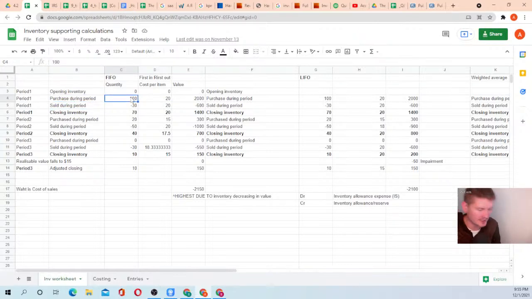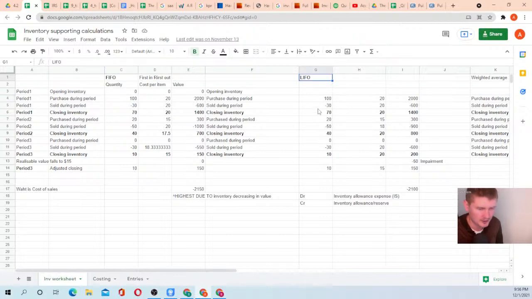Usually, because of the inflation, the ones which you acquired earlier are the least expensive ones. Most of the companies use the FIFO method, and FIFO is also allowed for IFRS, and LIFO is not allowed for IFRS, but US GAAP allows the LIFO method. So under FIFO, your cost of inventory sold is usually the lowest because of inflation, because the inventories which you acquired the earliest are the cheapest ones.